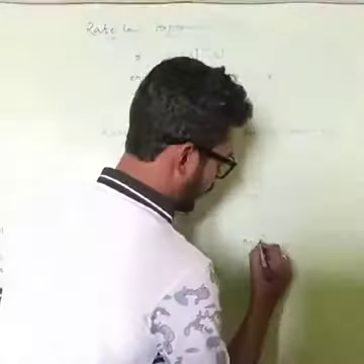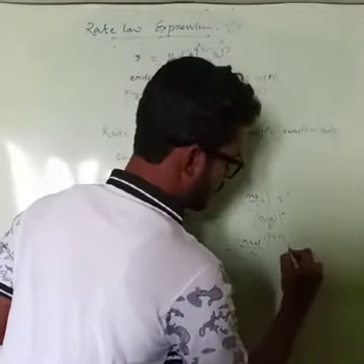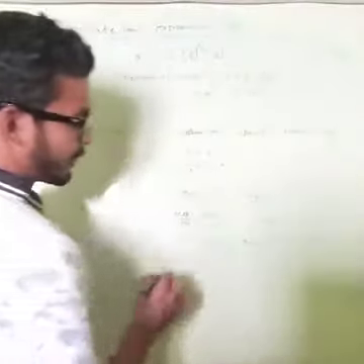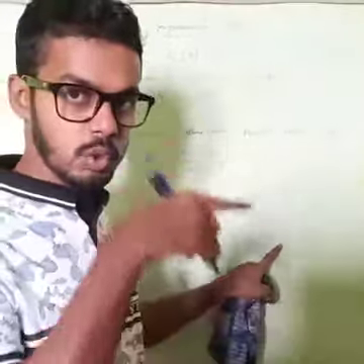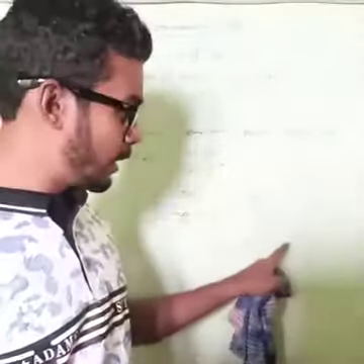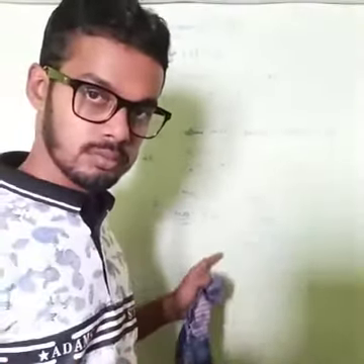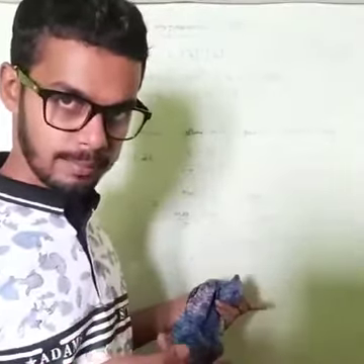Minus N. So mole per liter to the power 1 minus N, second inverse. This is the general formula of K, and N is the order of reaction. If N is 0, then zero order. If N is 1, first order, 2, second order, 3, third order, anything.